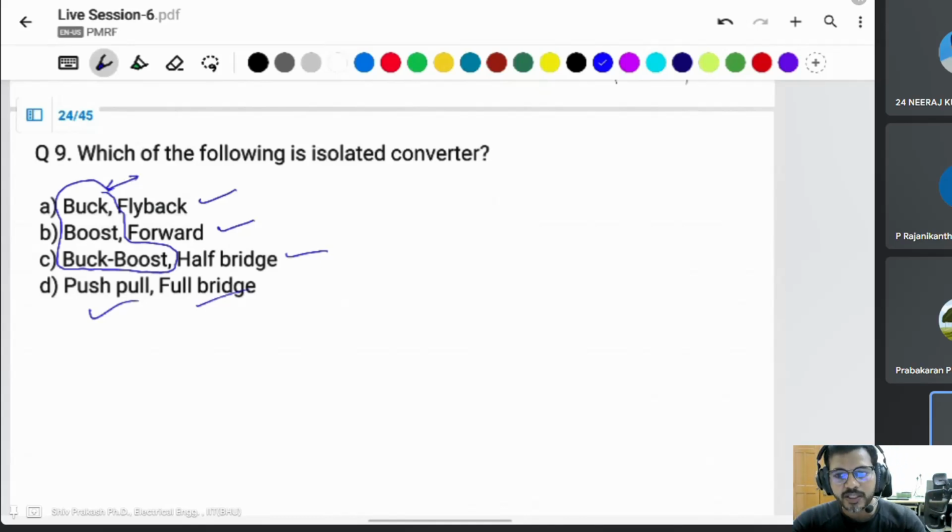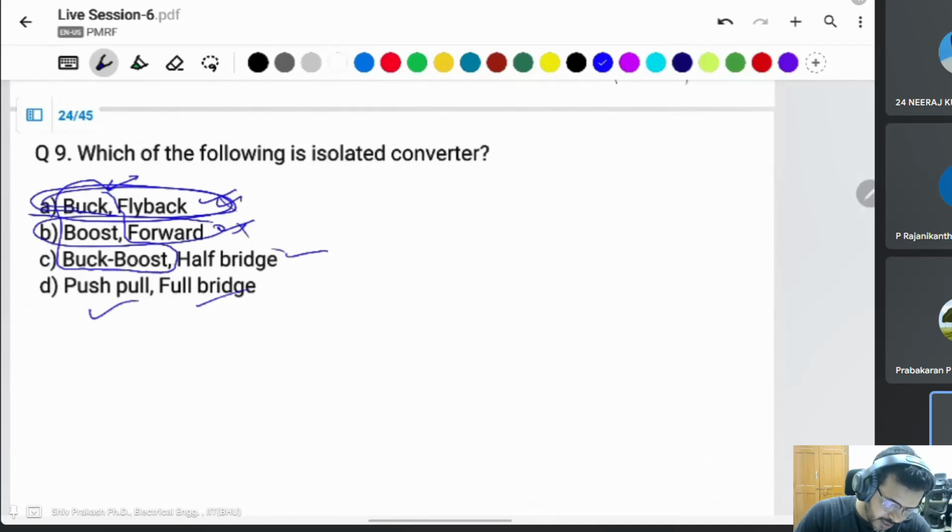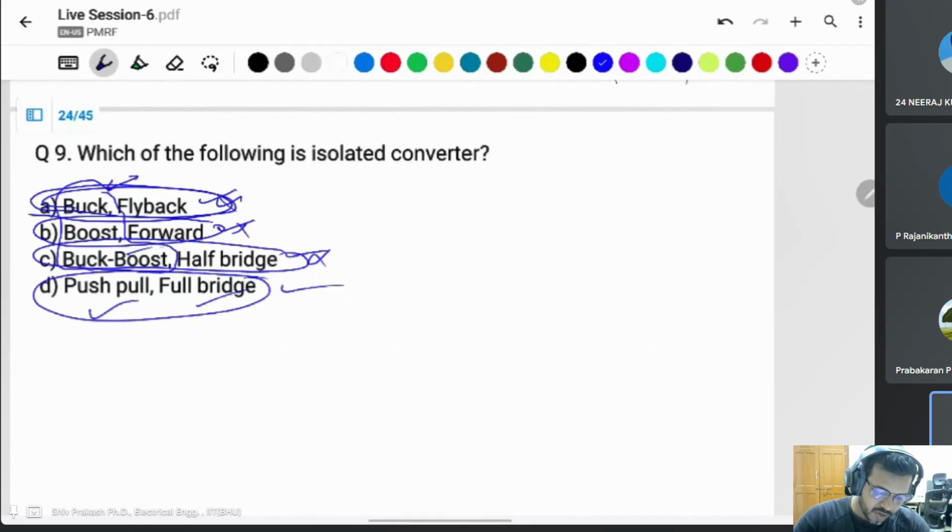If a transformer is there, then it is an isolated converter. In this question, because the options are given, those options cancel out, and this will be okay. But flyback converter, forward converter, half bridge converter, full bridge converter, and push pull converter are all isolated converters.